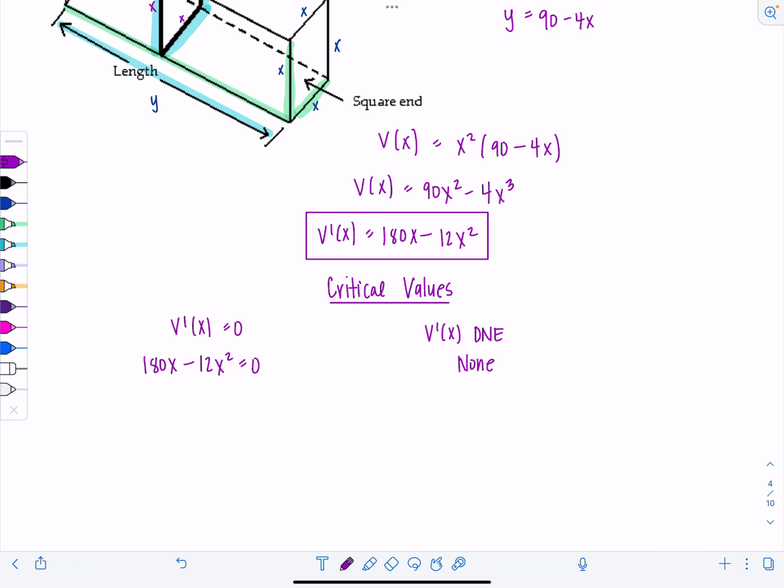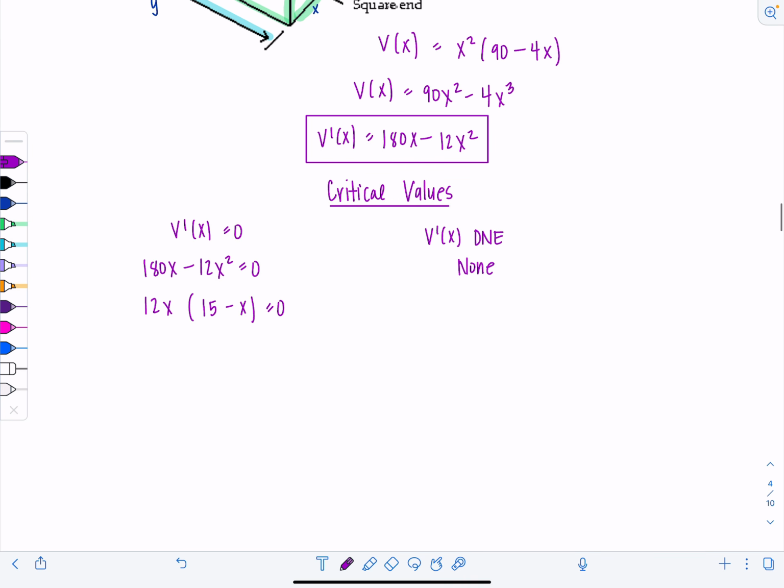I can factor out a 12x from both of these. 180x divided by 12x would be 15, minus x is 0. So we either get 12x is 0, which means x is 0, or 15 minus x is 0, which means x equals 15. x is 0 makes no sense, right? Then we have no box. So here's our one and only critical value. Now let's verify that it yields a max.